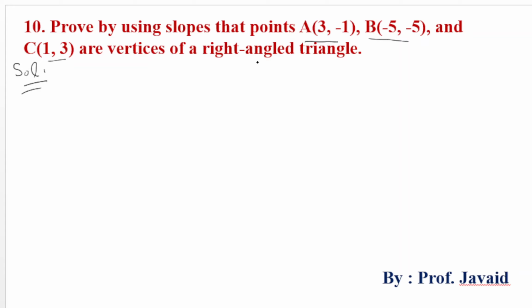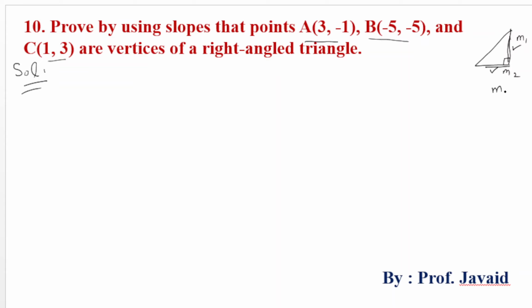So what is a right angled triangle? Basically, a right angle triangle is a triangle having one angle that is a right angle, basically 90 degrees. If one angle is 90, it means these two sides, also called legs, are perpendicular. Let me say this slope is m1 and this is m2.